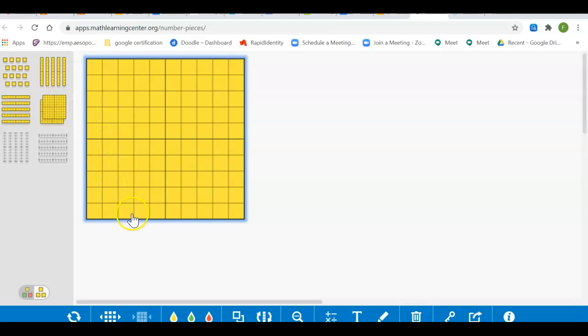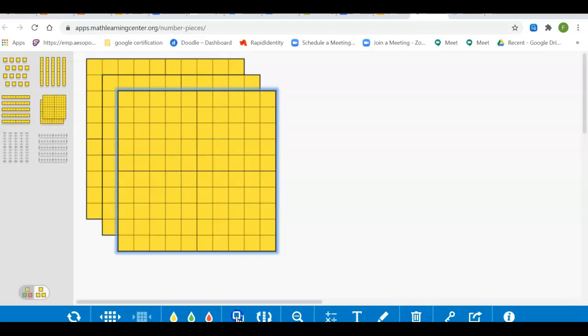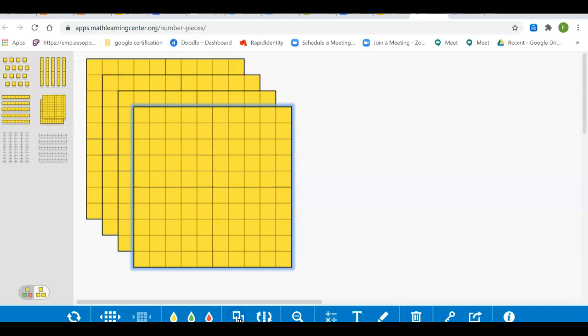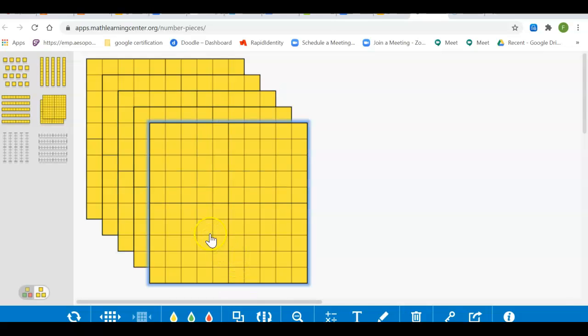So I've got one, and just a little quick tool, and instead of me having to drop and drag 5 total, I can just go down here to the bottom, and this will duplicate it for me. So I've already got 100 up there. I need 5 total of those. 2, 3, so you just click it, it'll duplicate it, it'll make another one. So that's 300, 4 and 500. So I've got 500, now I need 82.